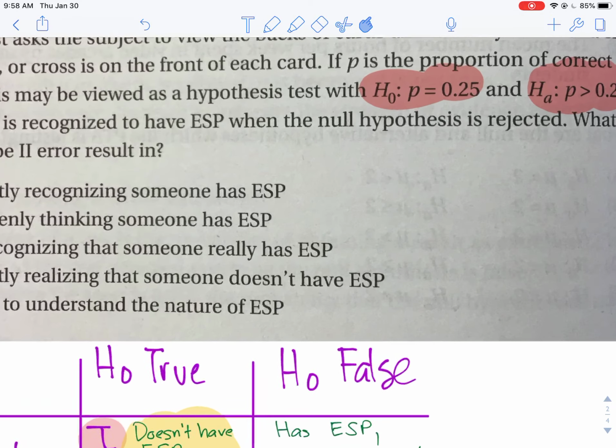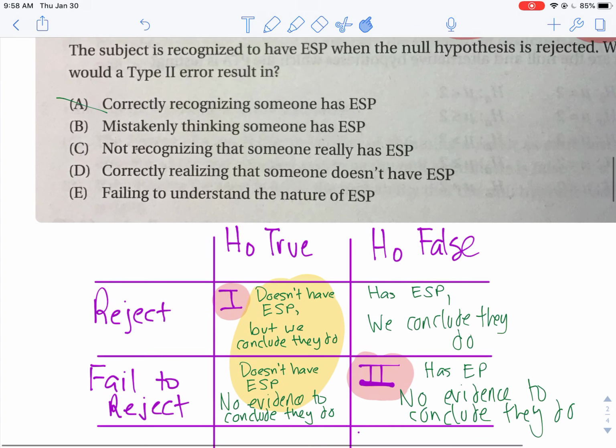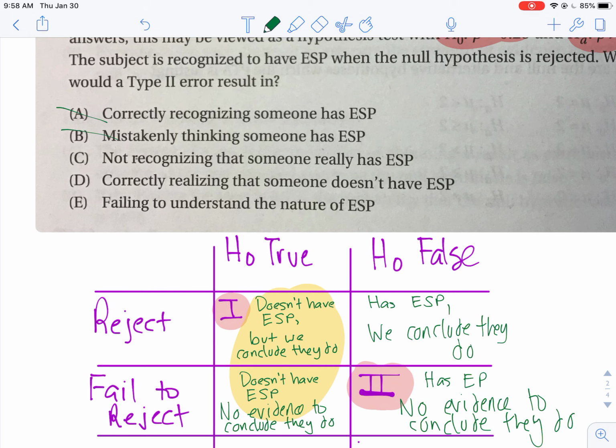So I can look here and say, okay, currently recognizing it, we didn't end up doing that. Mistakenly thinking someone has ESP, we didn't do that. Not recognizing someone really has ESP. It looks like we said here they have it, we don't have the evidence to conclude that they do. So looks like that's what we're doing here, but let's keep going.